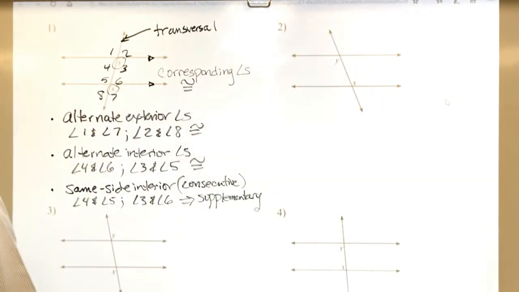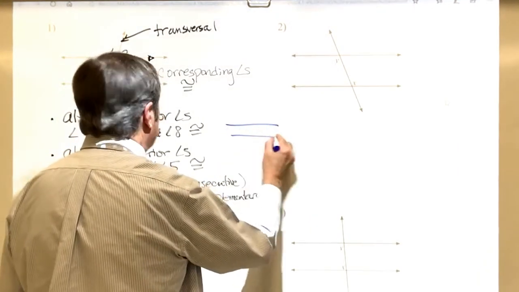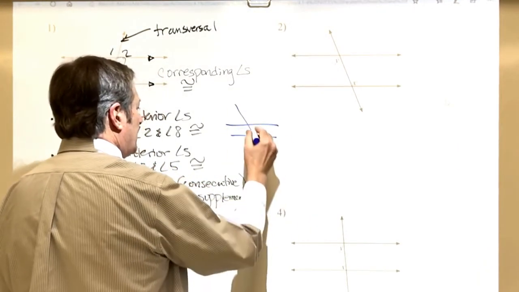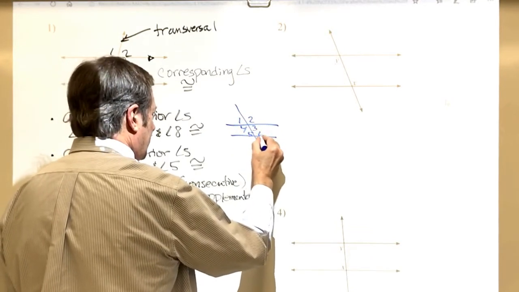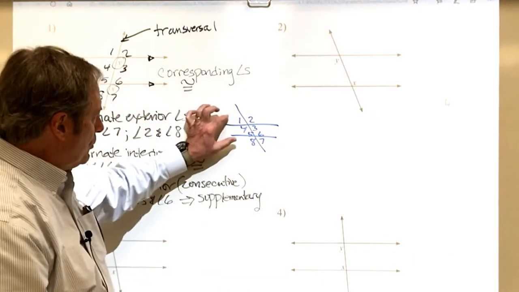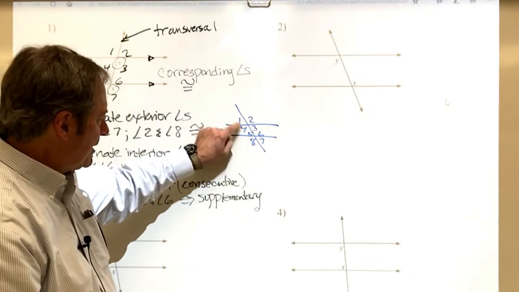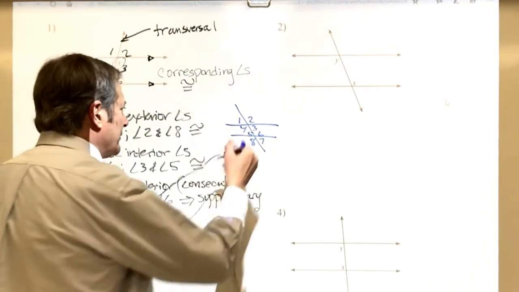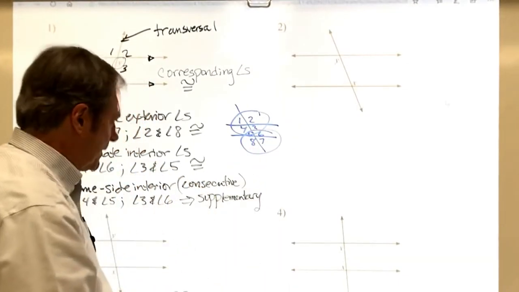Now, to add to the notes a little bit, let me draw a baby one over here. Notice you got 1, 2, 3, 4. You got 5, 6, 7, 8. 1 and 5 are in corresponding locations. This is top left, that's top left in terms of this angle cluster and that angle cluster.